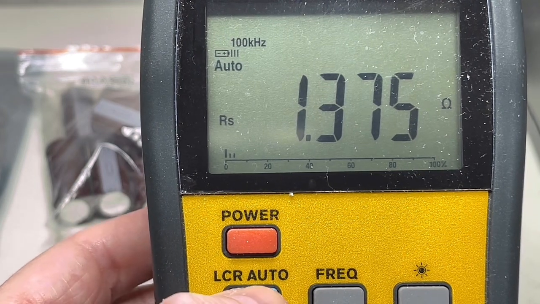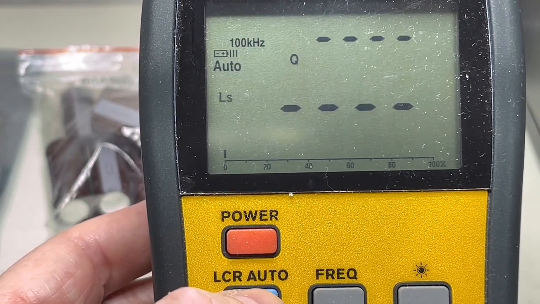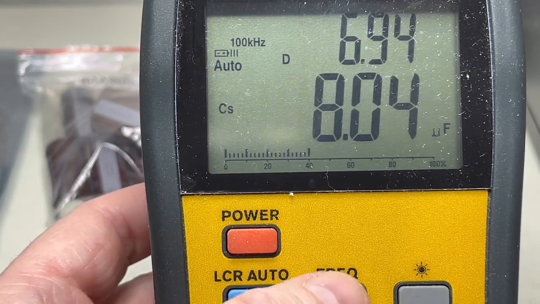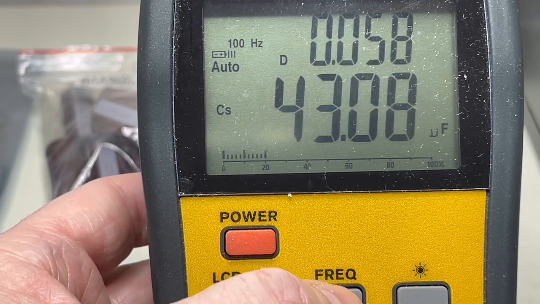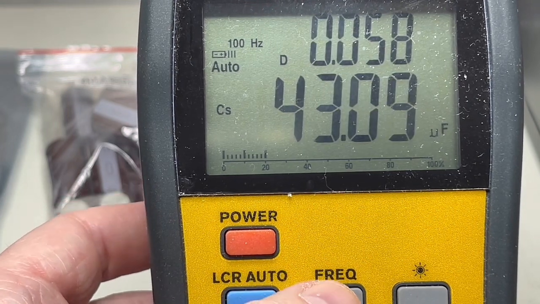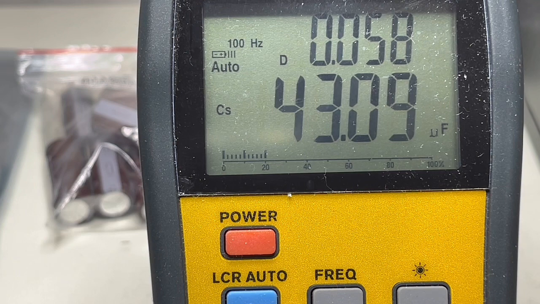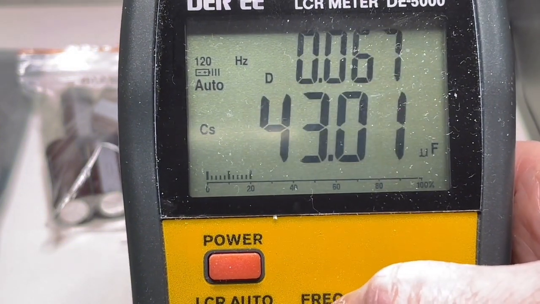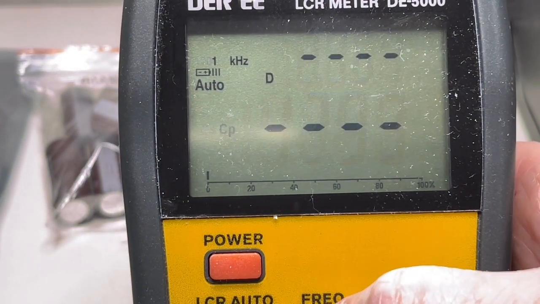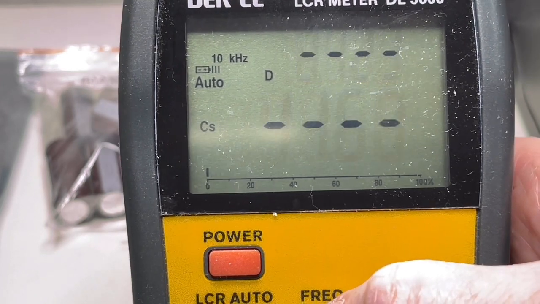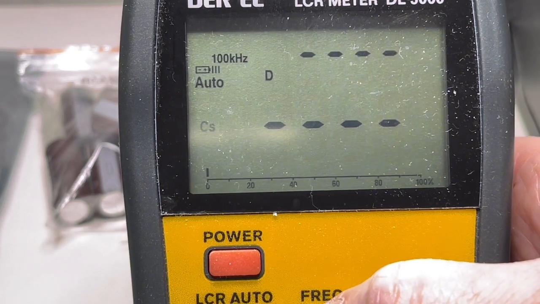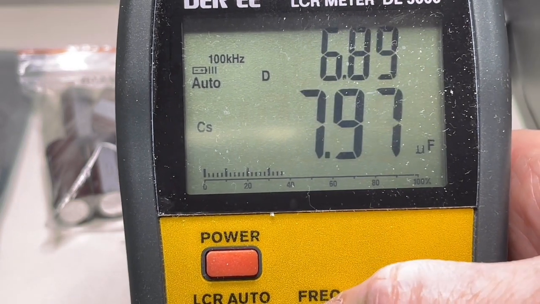And let's check the capacitance. Here we are. At 100 hertz, it's 43 microfarads. Look what happens if I go up with the frequency. 43, 42 at 100 hertz, 1 kilohertz, 41, then we have 35 microfarads, and at 100 kilohertz it goes berserk.